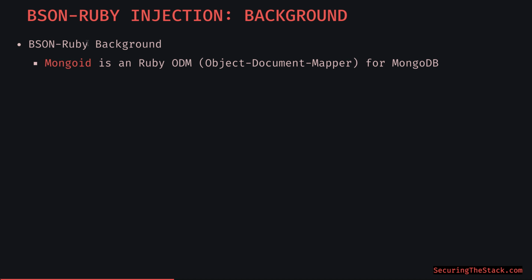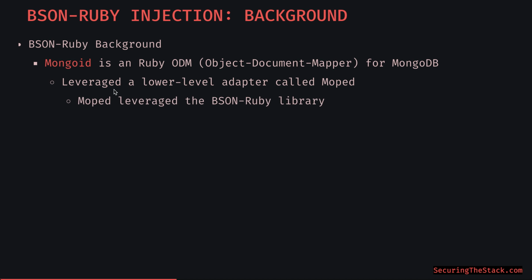We saw that Mongo query syntax before. It would be a similar type of syntax, but in Ruby, and developers would leverage Mongoid to execute queries. Mongoid leverages a lower level adapter as one of its dependencies called Moped. And then Moped leveraged another dependency called BSON Ruby.